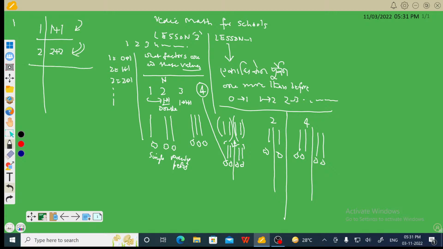Here we are introducing to ourselves a concept of multiplication. Initially, in lesson 1, we were at the addition operation.